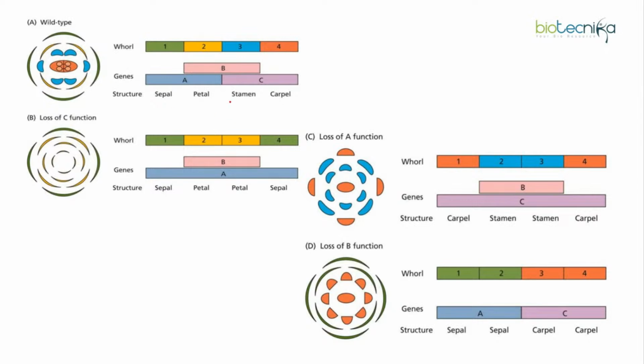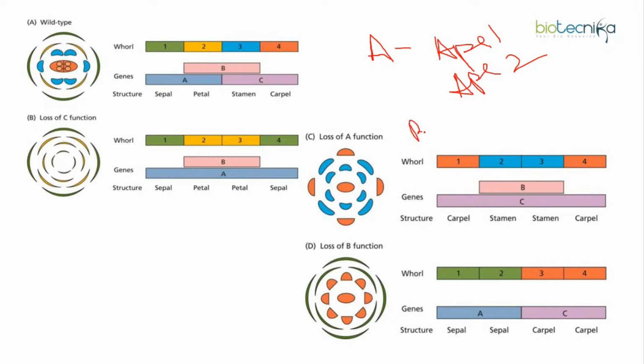So these whorls are controlled by different sets of genes. The genes have been placed in three different classes: class A, class B, and class C. Class A genes consist of Apetala 1 and Apetala 2.